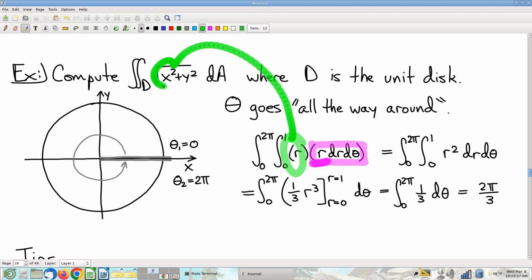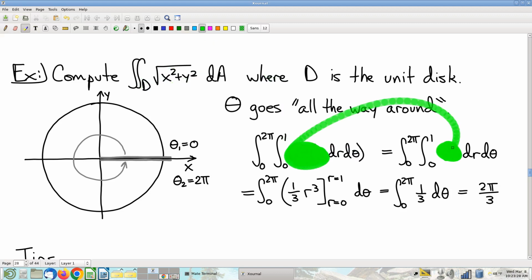Namely, just what came from the original integrand. And of course, that's not the point, right? The stretching factor becomes part of your new integrand. So you do indeed have to combine these together. r squared is your integrand, right? And then antiderivative, 1/3 r cubed and all that business.